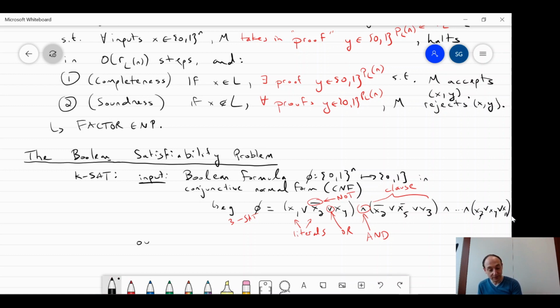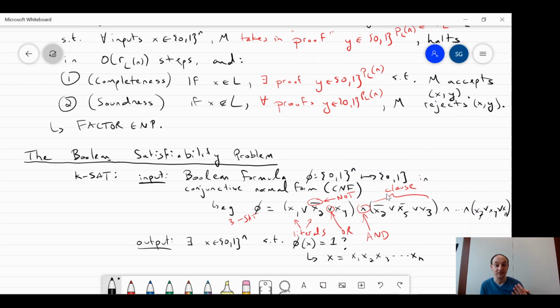And so what is the output? The output is the following. Does there exist an assignment x, and we're going to assume that there are n variables in play here, such that phi of x is 1? Let me be clear that up here in this formula I wrote down x1, x2. What do I mean by that? Well, I'm assuming x can be broken down into a sequence of bits x1 through xn.